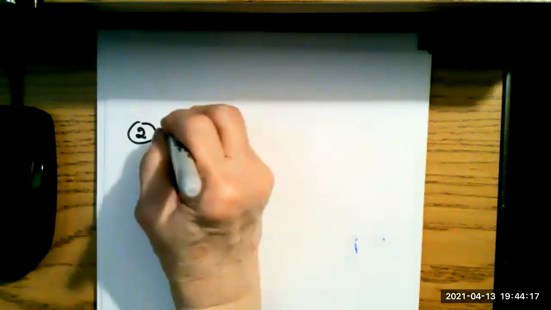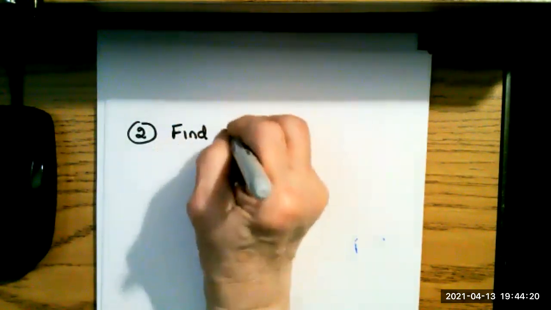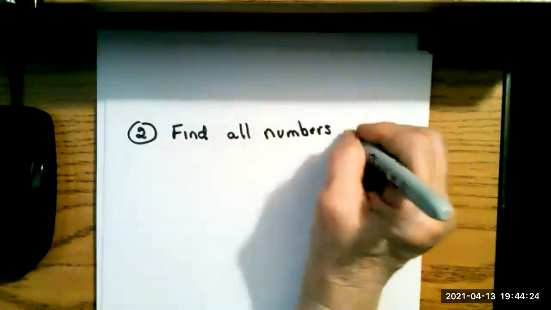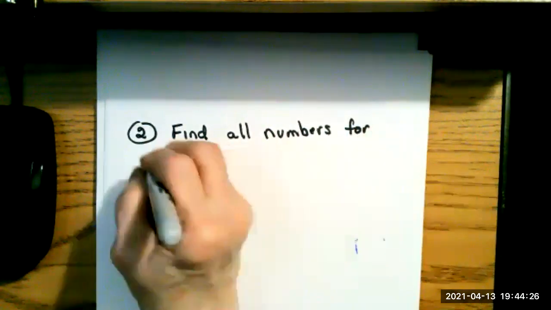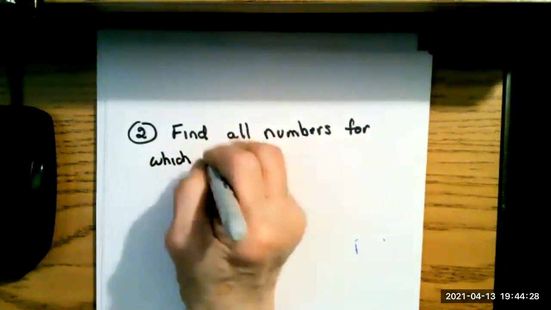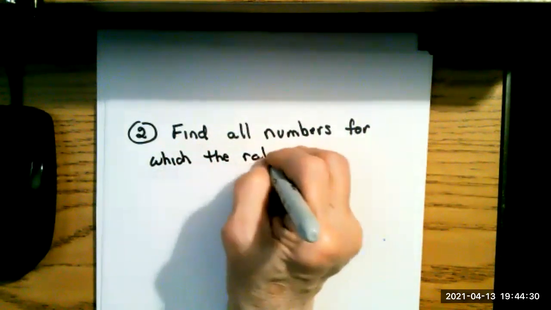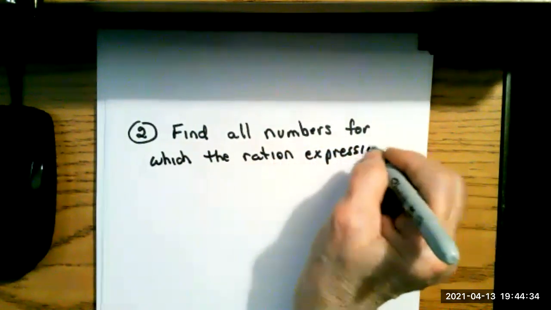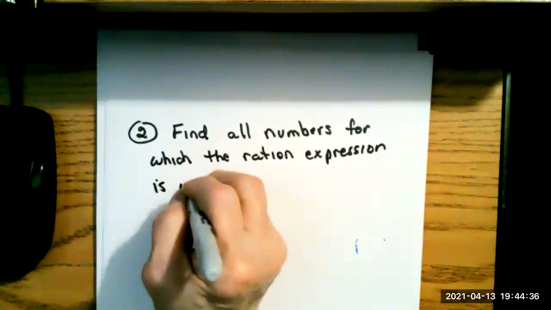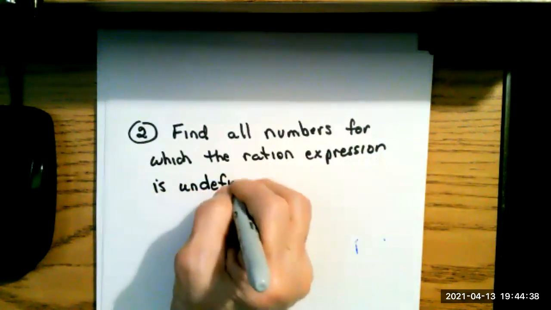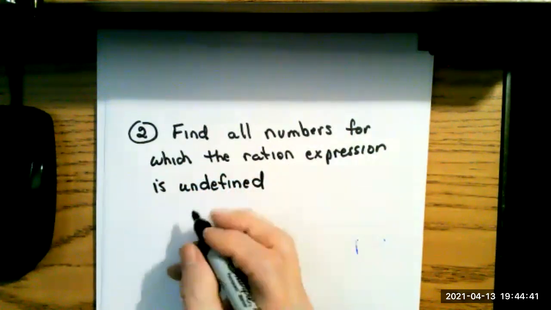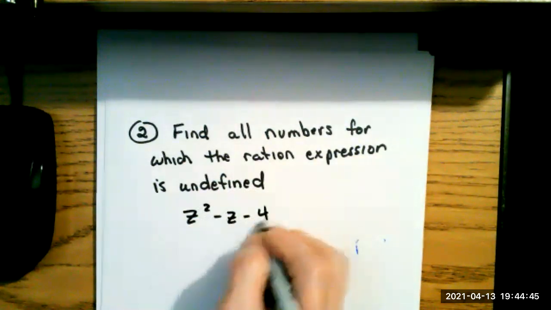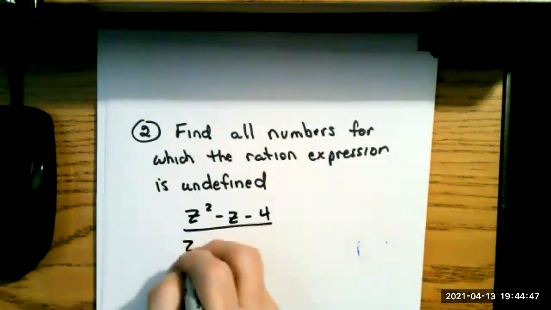Number 2, find all numbers for which the rational expression is undefined. See, this is what we're doing. All of it's connected. So you're going to start seeing these things over and over, and it'll even get worse next week.